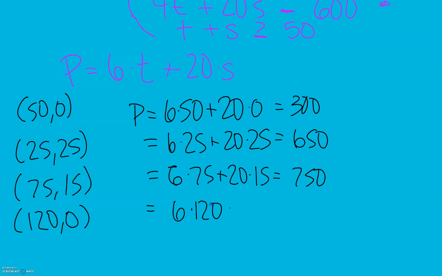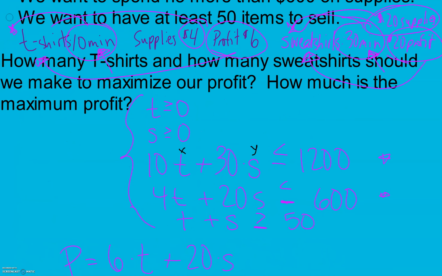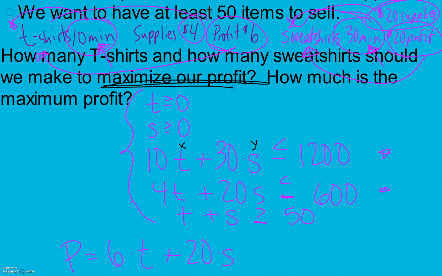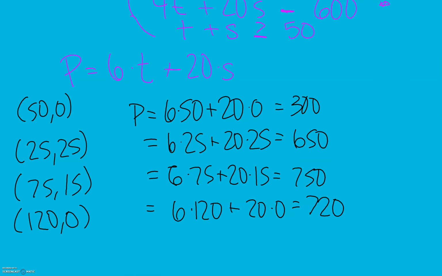So my x is in for my x, and my y's in for my y's. And we wanted to maximize profit. So if we look here, our profit is biggest right here, which means 75 and 15.